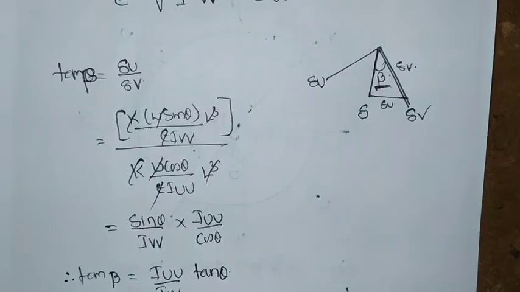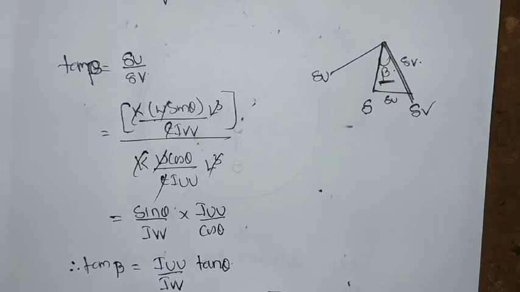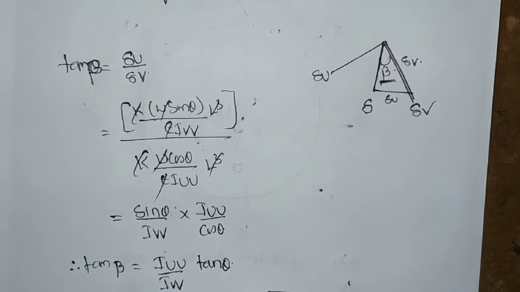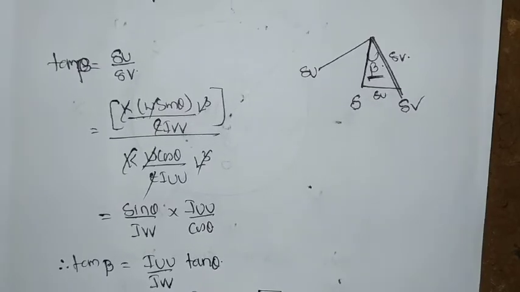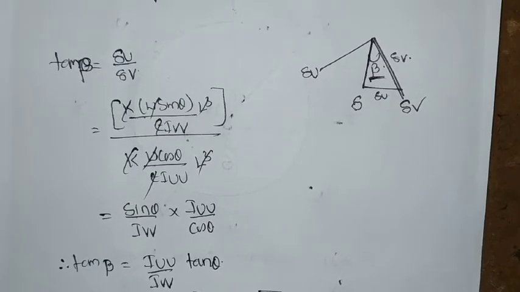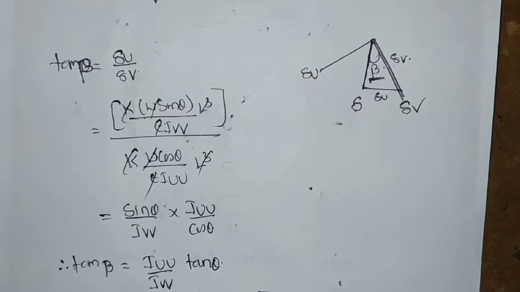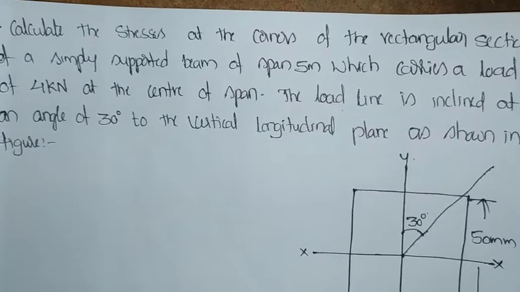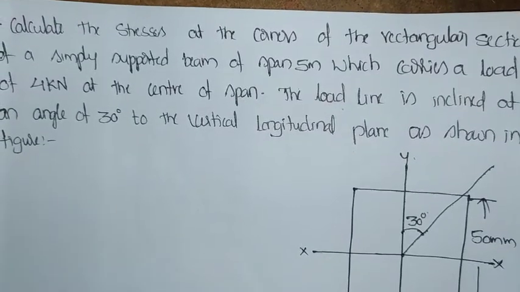So like this, for an unsymmetrical beam section, the stresses we are going to find out, and similarly how the position of the neutral axis is going to come up, and how the deflection is going to come up, like this we have to find out. So now we have completed the derivation.